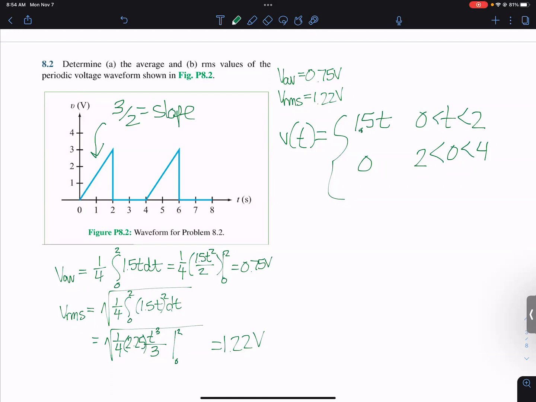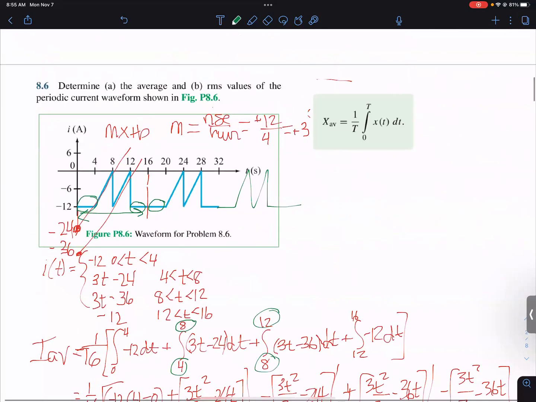So we're going to only evaluate it over one period, which would be from 0 to 4. So 1/4 for the average. And then evaluate 1.5t from 0 to 2. That gives you 1.5t squared over 2, evaluated from 2 to 0.